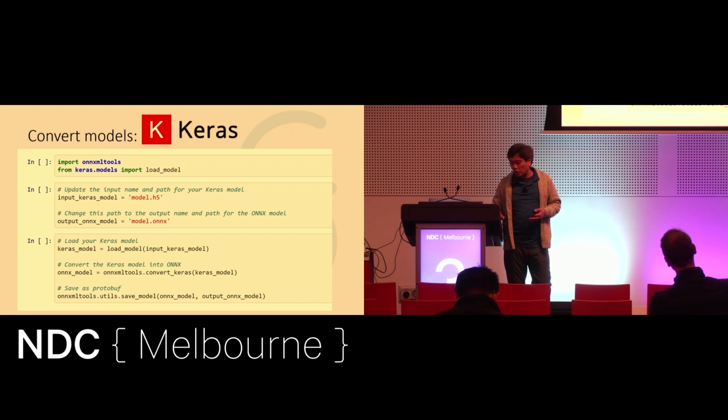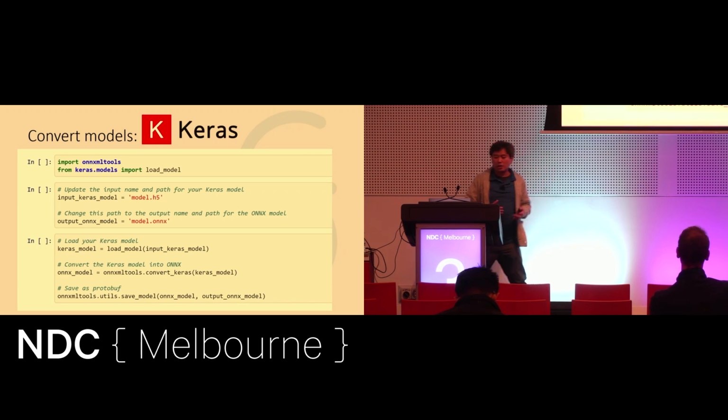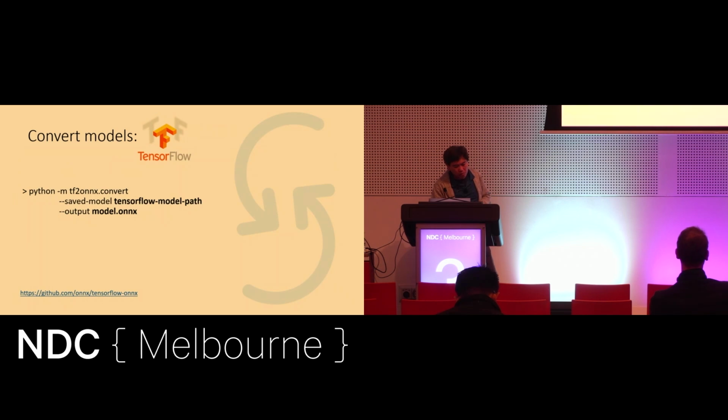There is a way you can convert them using these ONNX ML tools. So you would do pip install onnxmltools, and it already has that capability for you. So it's not just code, there's also a command line that you can use, especially for TensorFlow.